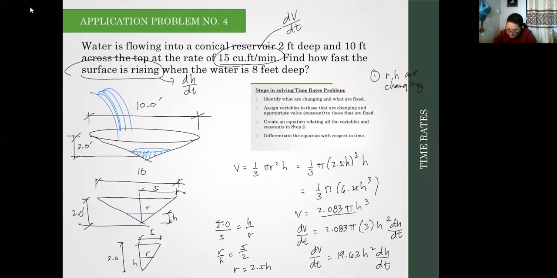So, 1/3 times pi times 6.25, ayan. Hmm, 2.083 times pi times 3.